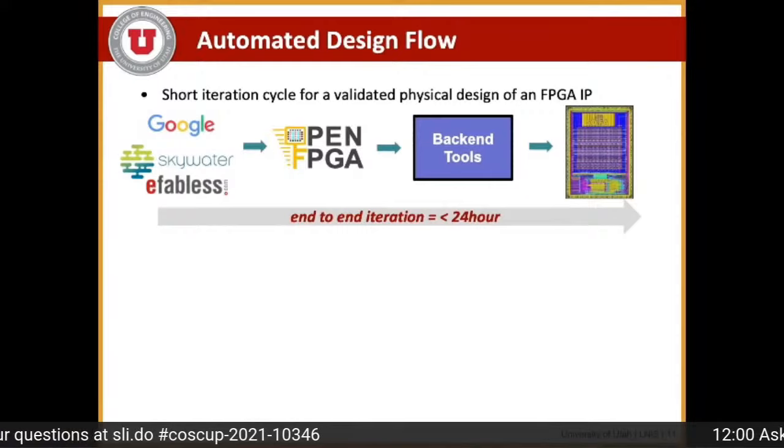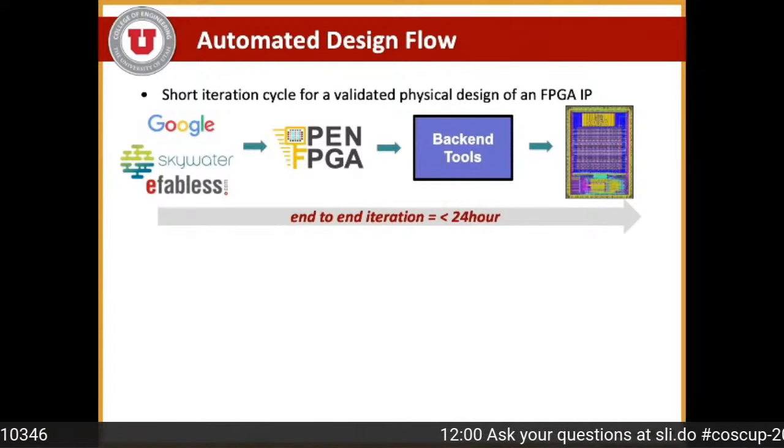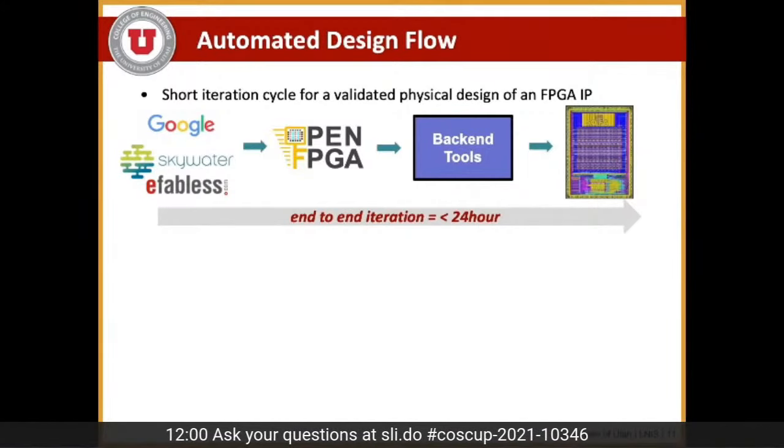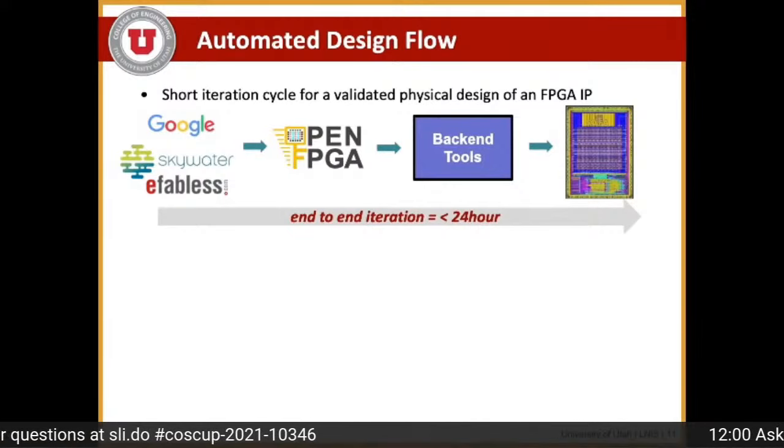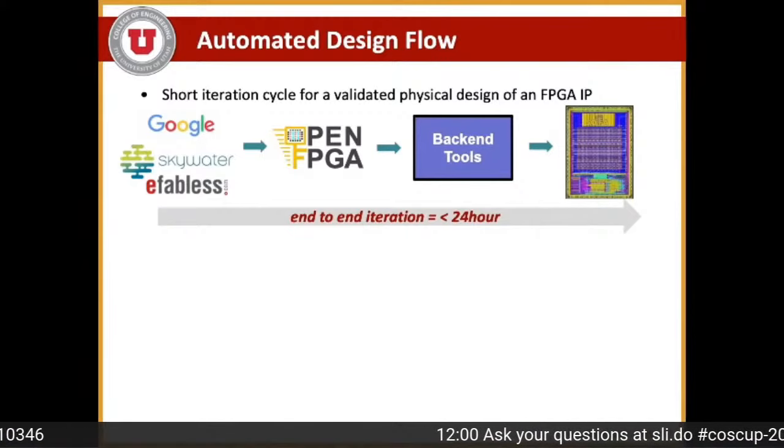Remember, in the FPGA industry, the typical iteration will be maybe a few months because of the extremely high manpower or human resource involved to deliver a validated physical design of an FPGA.